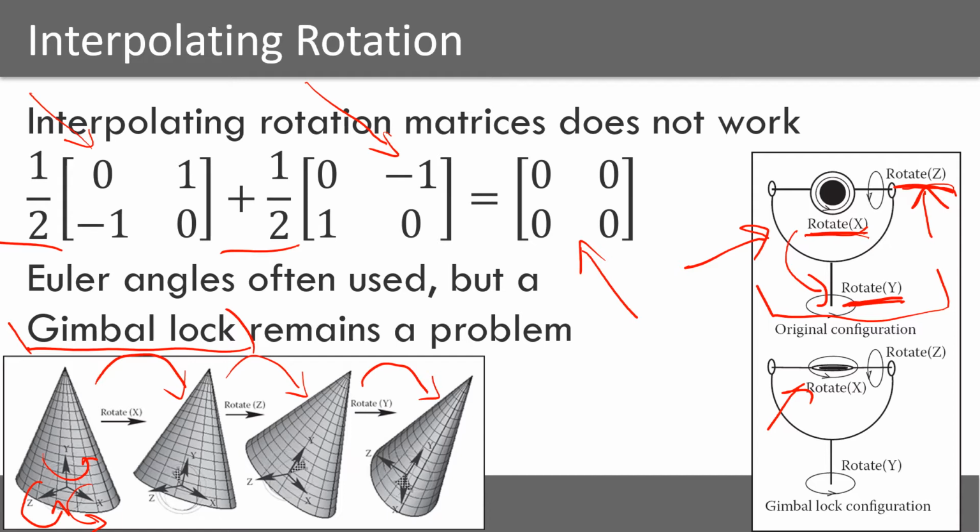What does this make as a problem for computer animation? The problem which a gimbal lock causes is in animating an object from one orientation to another orientation. The path by which the object reaches one orientation from the other might be highly unintuitive.